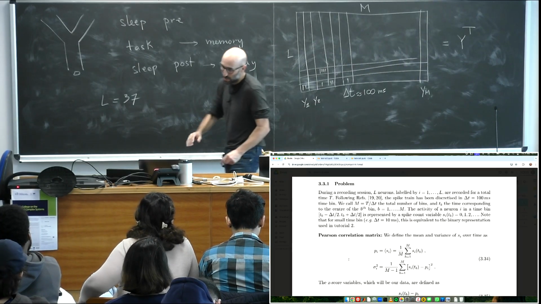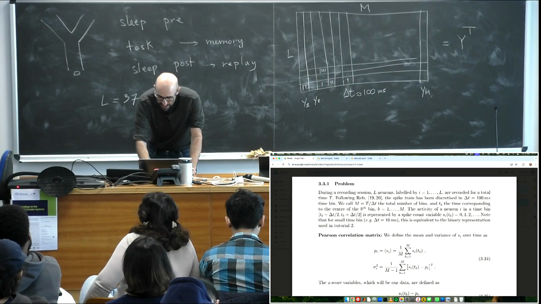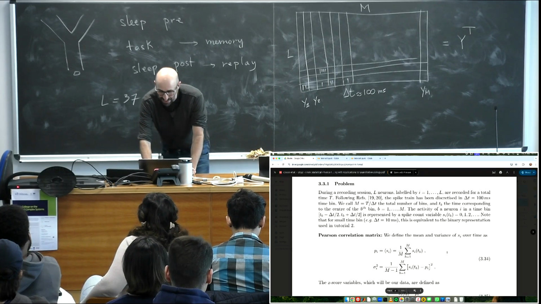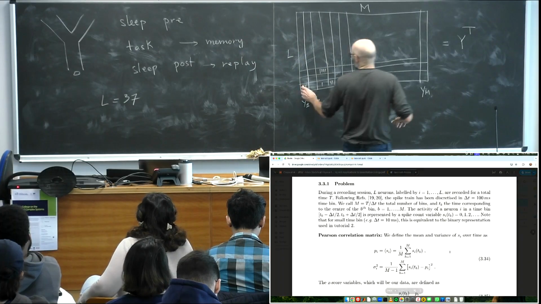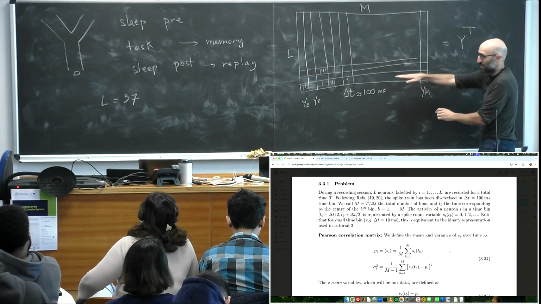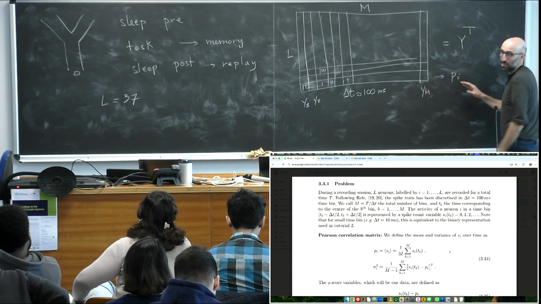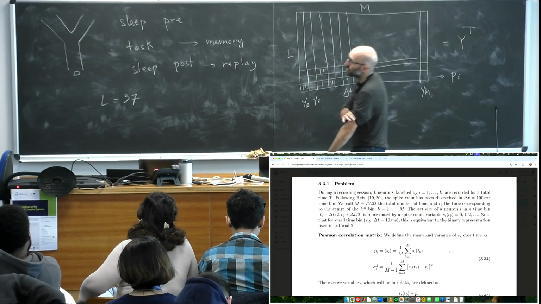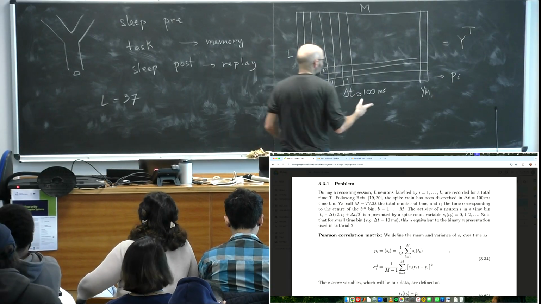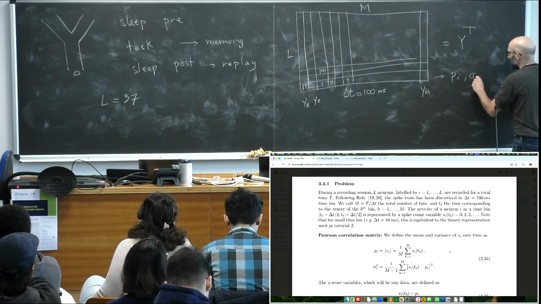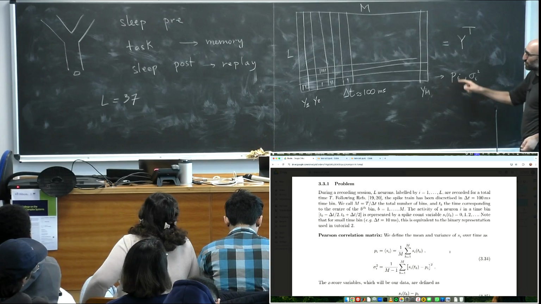So what they did and what we will do is compute the mean of the S_i: you average for each neuron over time, and you get p_i, the mean activity of the neuron. You can average also the fluctuations, so you get sigma_i squared, the variance of this S.